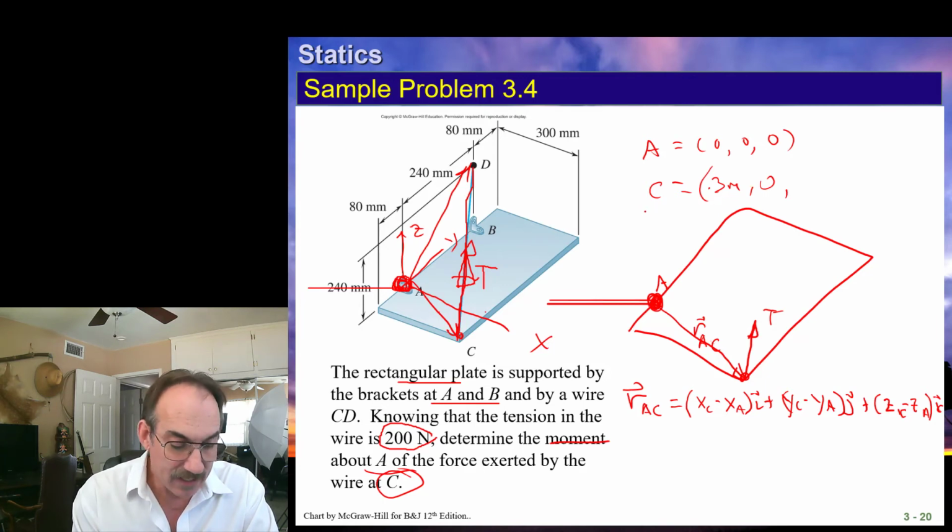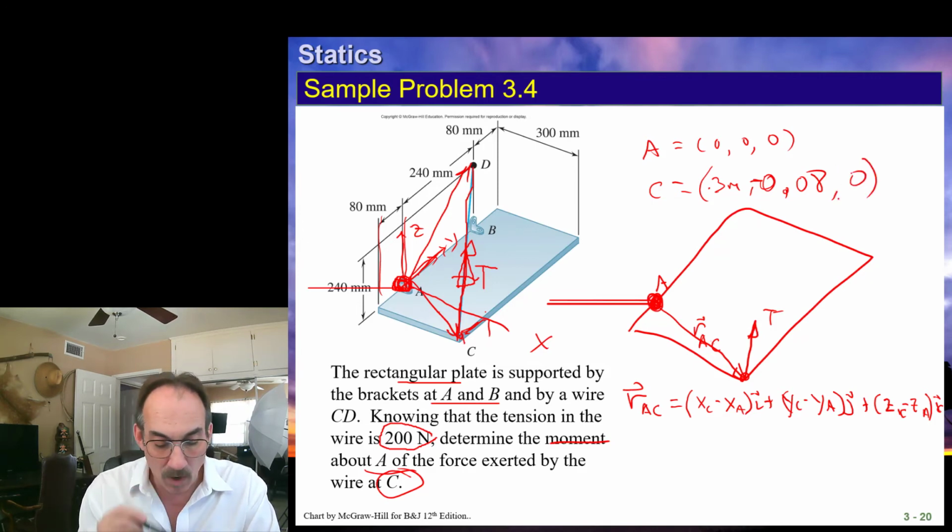in the y direction, excuse me, it's not 0. It's at minus this dimension. Since that's positive y, it's at minus 0.08, because we're in the negative direction from here to here. And then our z is actually 0.